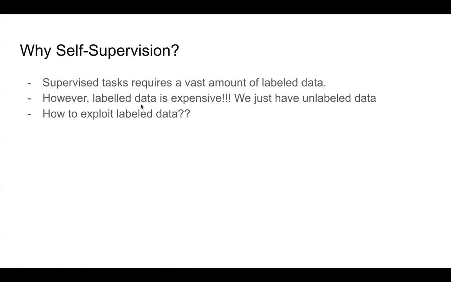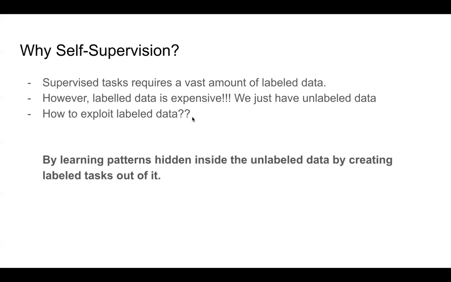We have unlabeled data and a target task in our hand, but how do we exploit this data to reach our target task? The answer is by learning patterns hidden inside this unlabeled data by creating labeled tasks out of it. Once we create a labeled task out of it, we can learn all the patterns of the data.